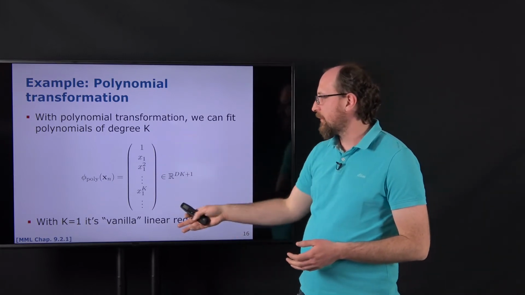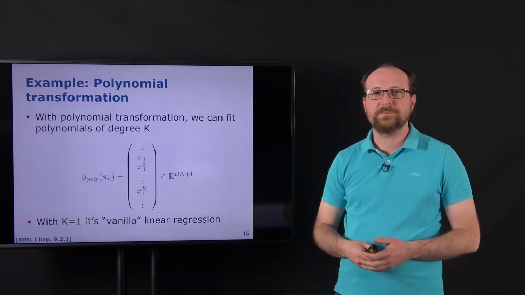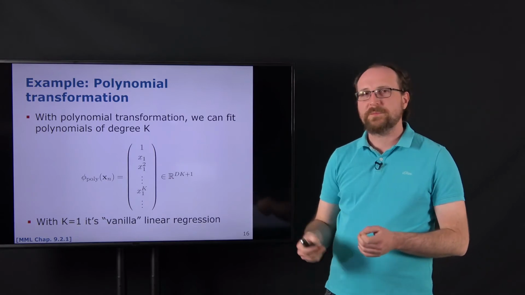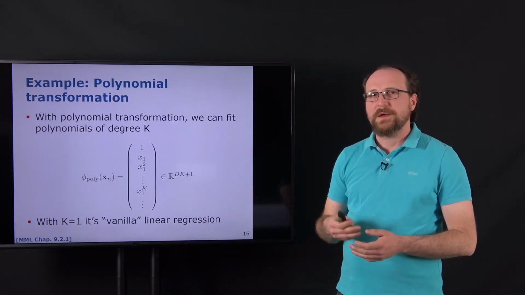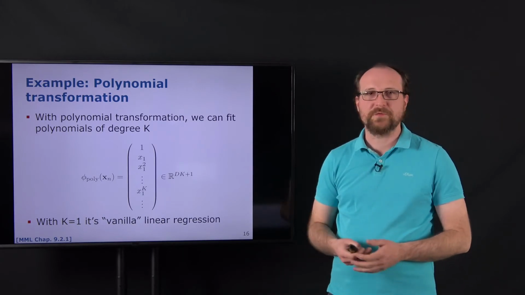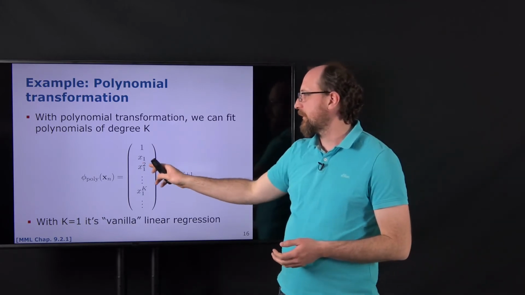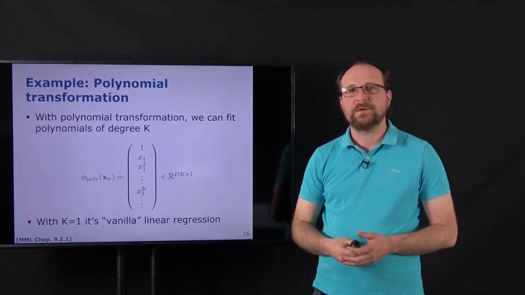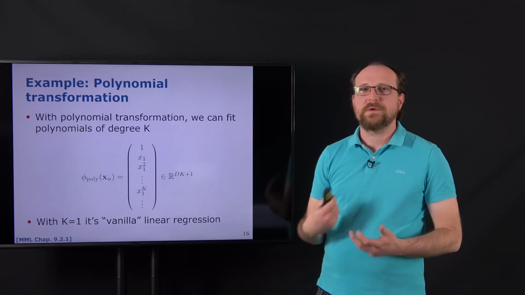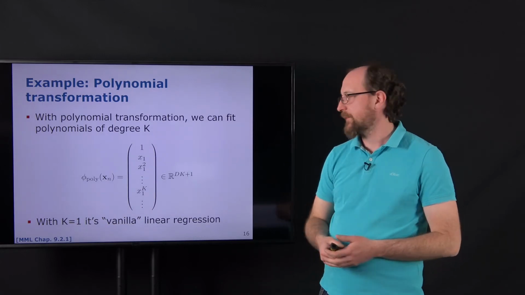And we do this for the whole vector so that we get in the end each entry, the quadratic entry, and so on. So that means also that our parameter vector grows, of course, because we then have also parameters that take care of the quadratic part or the cubic part and so on. And with this, we can then fit also nonlinear functions at the end.